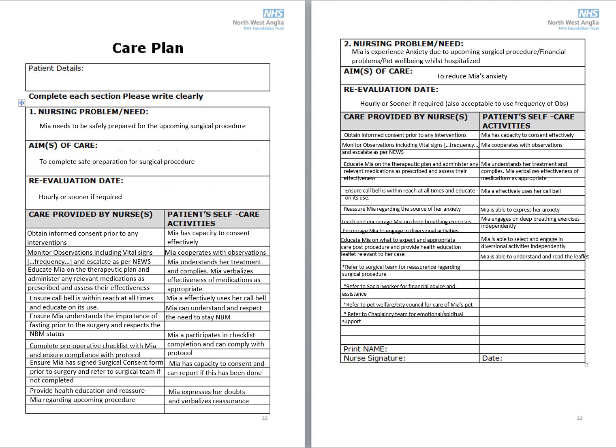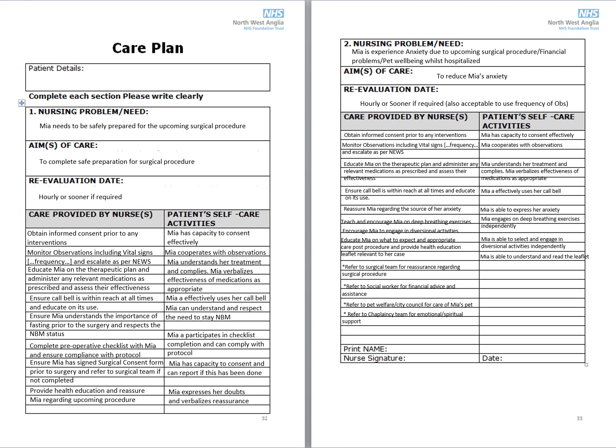So if Mia's source of anxiety was the surgical procedure, I could refer to the surgical team for reassurance regarding the surgical procedure. If it was because of financial problems, I could refer to the social services for financial advice and assistance. If it had to do with a pet, I could refer to the city council or to pet welfare for them to assist Mia with her pet.